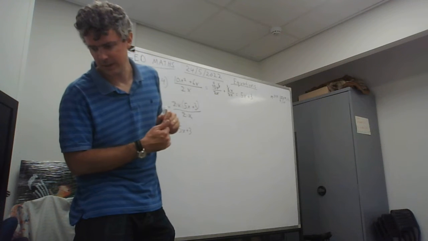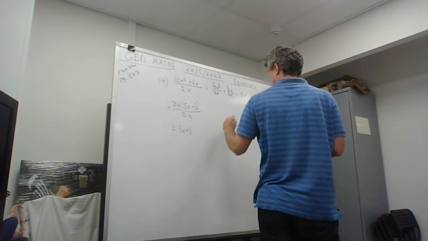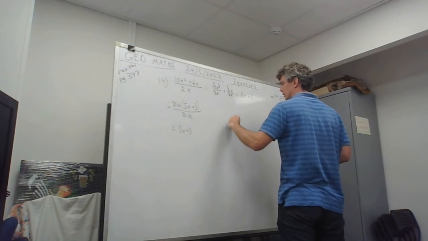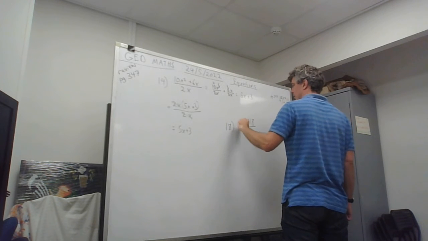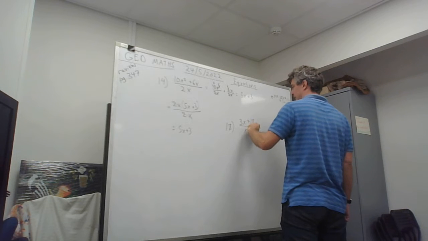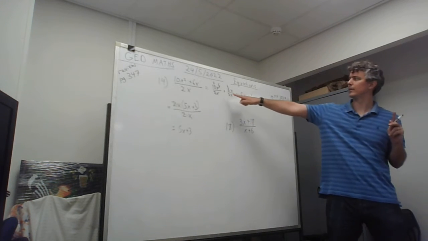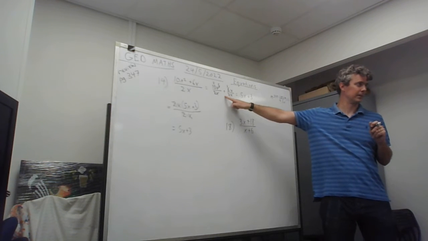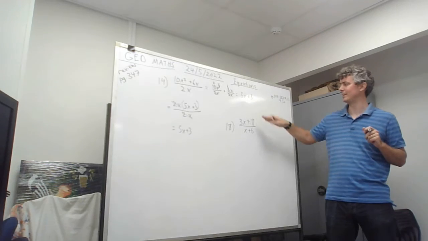So let's look at number 18 as an example. 3x plus 18 over x plus 6. Now in this one, this method will not work very well for me, because then I'll be left with 3x over x plus 6 and 18 over x plus 6.